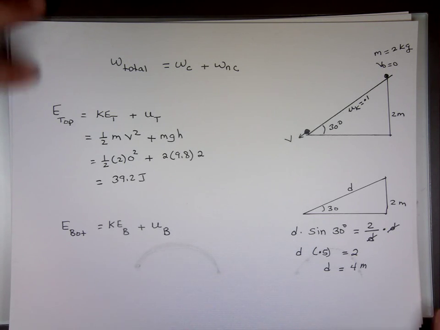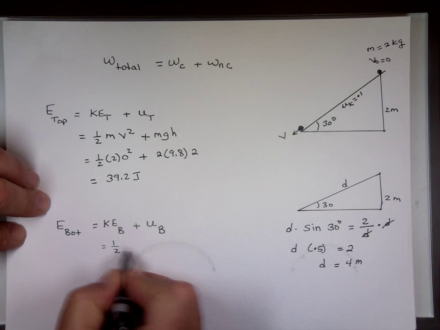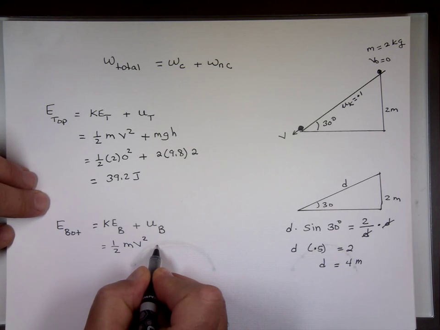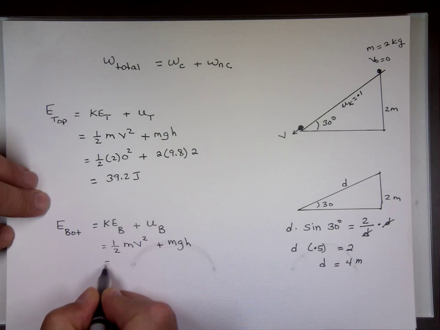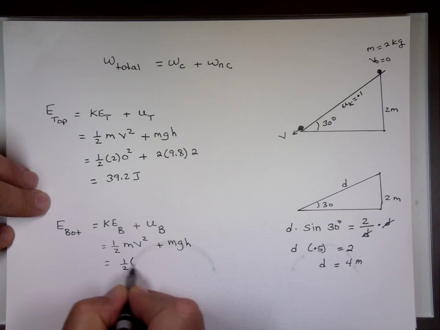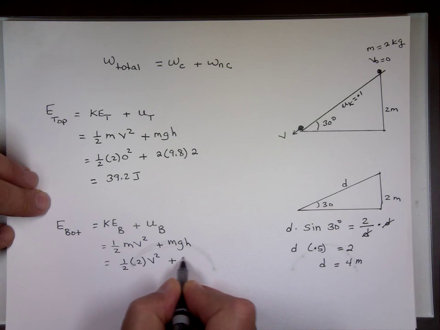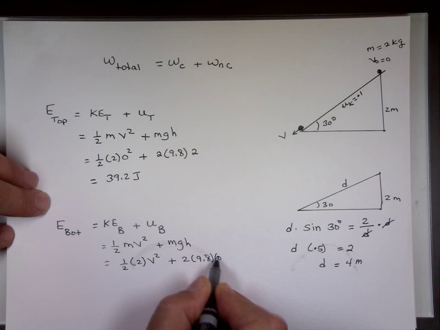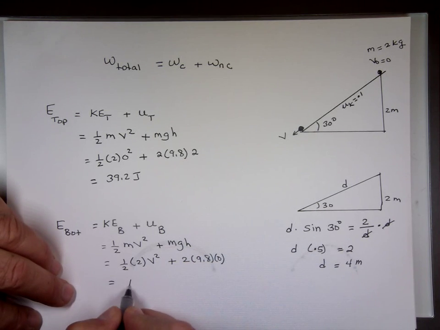The kinetic energy at the bottom is 1/2 the mass times the velocity squared, plus mass times gravity times height. That's 1/2 times 2 times v squared plus 2 times 9.8 times the height at the bottom, which was 0. So guess what we have? v squared.